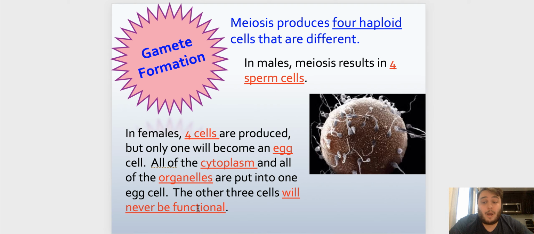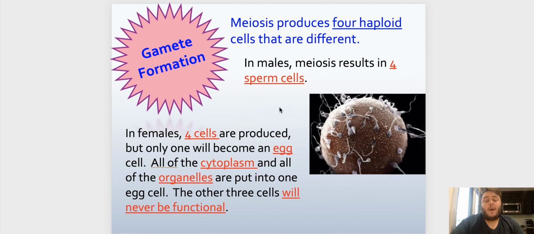This is also the reason why most females, or I should say all females, are not, right? There is a certain point in a woman's life where they will no longer be able to have children. And that is because women produce way less eggs than we produce sperm. Way less, right?